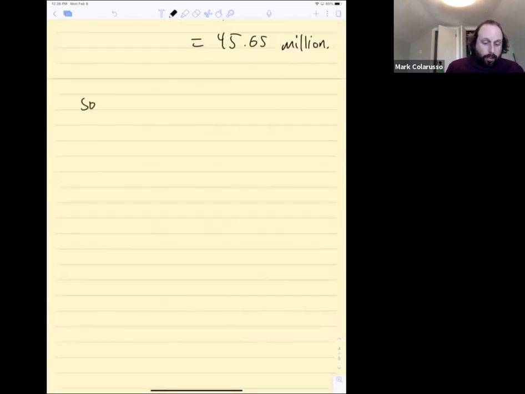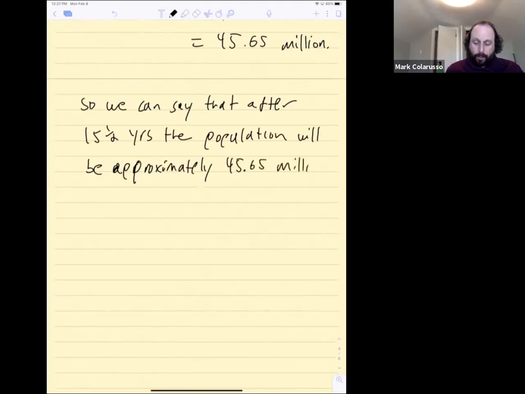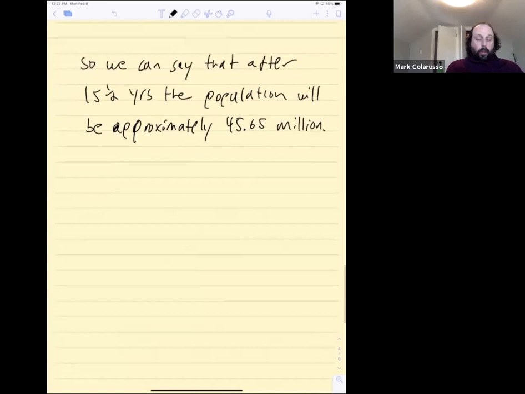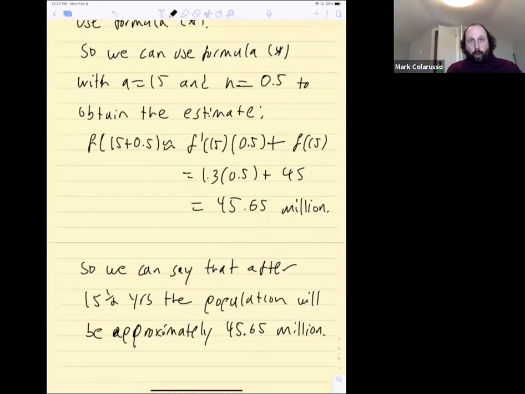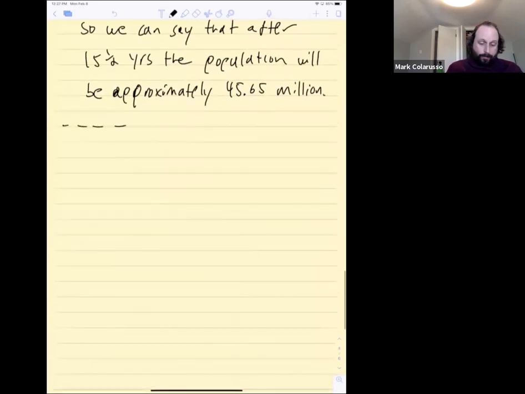So we can say that after 15 and a half years, the population will be approximately 45.65 million. That's a nice little application of this more general approximation formula. Let's do another example of this type of thing.